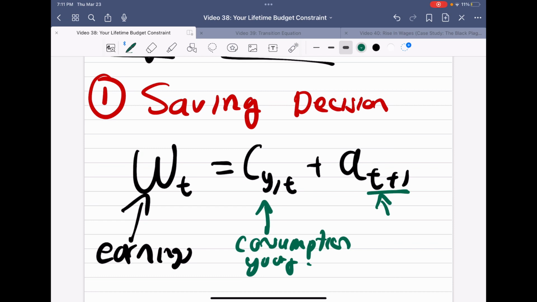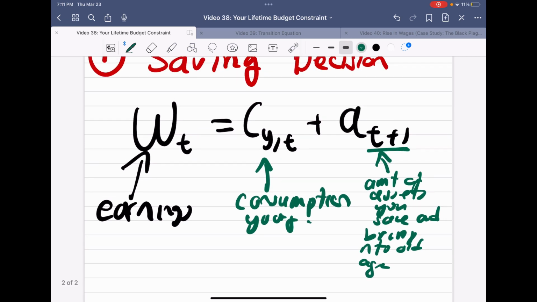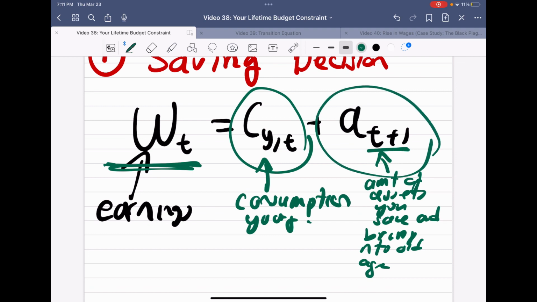So I'm going to write it there. A_t+1 is the amount of assets you save and bring into old age. So this equation makes sense. It's basically saying that our earnings, some of it we consume, some of it we save. So I hope that part makes sense.